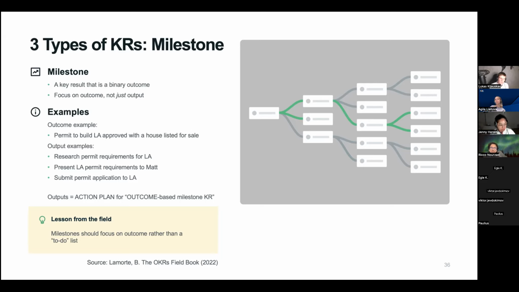A good example from talking to Metro Digital recently, because they asked me this question, I was like, well, okay, let's say that right now you're flying blind because you don't understand what's happening on your website. You have no idea. You have no dashboarding, right? And he was like, yeah. It's like, well, then you can have a combination of milestone and baseline key results. He's like, well, explain more. And I was like, your objective is we know what's happening on our website.